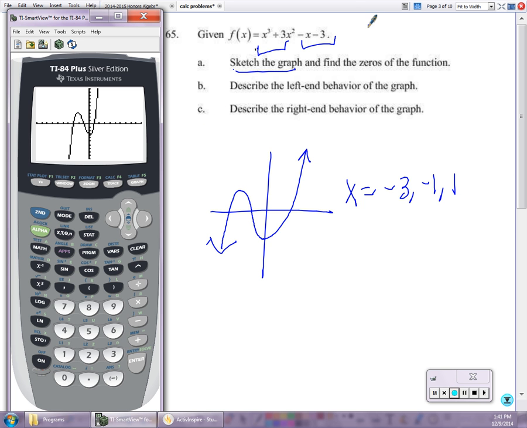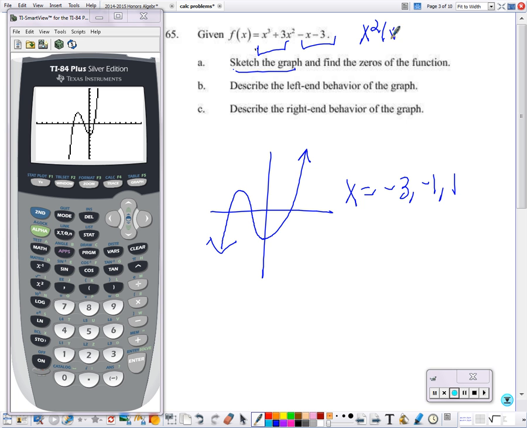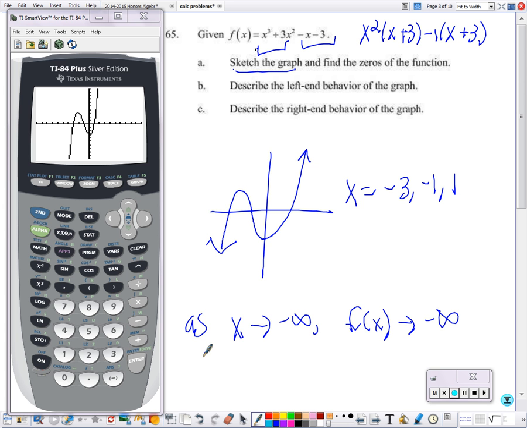I also can see if I factored this, I would have x plus or minus 1 and -3 as my answers. So for the left end behavior, as x goes to -infinity, our graph f of x goes to -infinity. And for right end behavior, as x goes to infinity, the y values go to infinity.